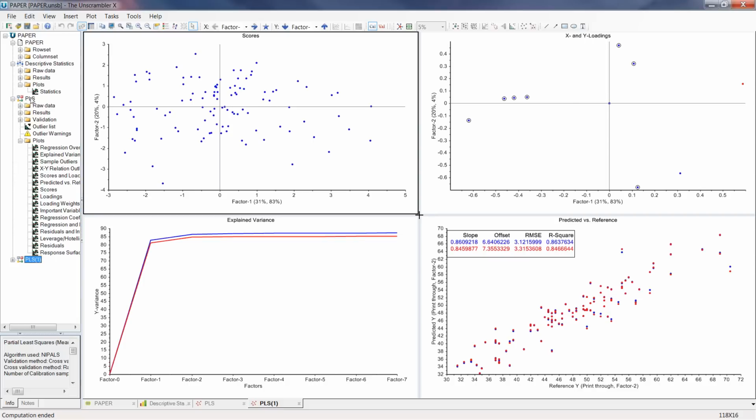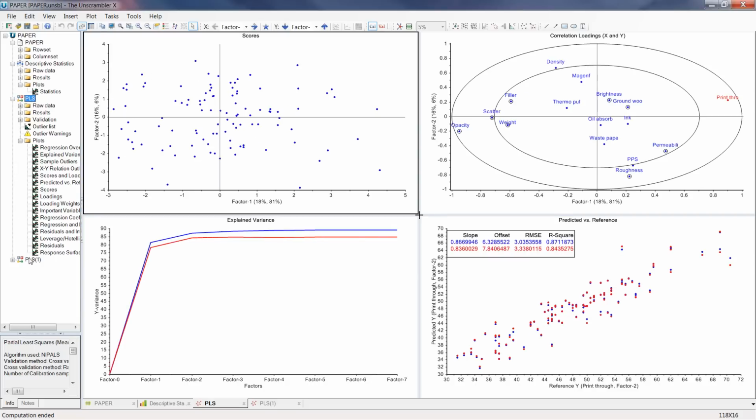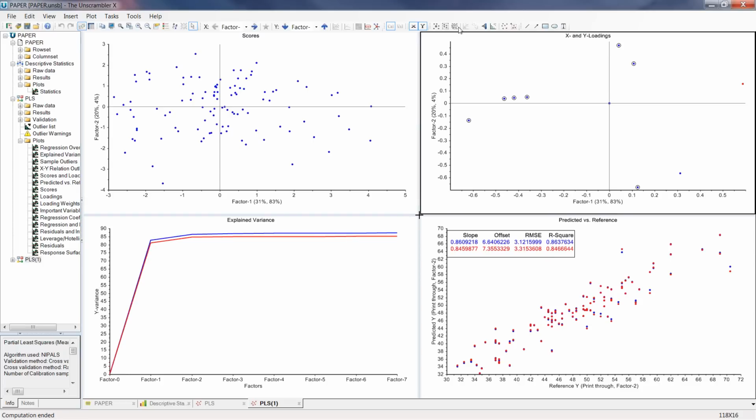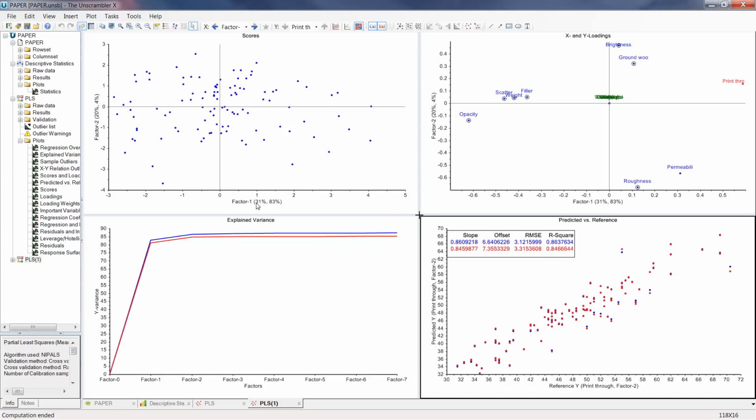Now we can see that our RMSEs go down a little bit. So we have a slightly better prediction with this model. But we're only using those few factors this time. And now we have 30% of the data explaining 83% of the Y data.